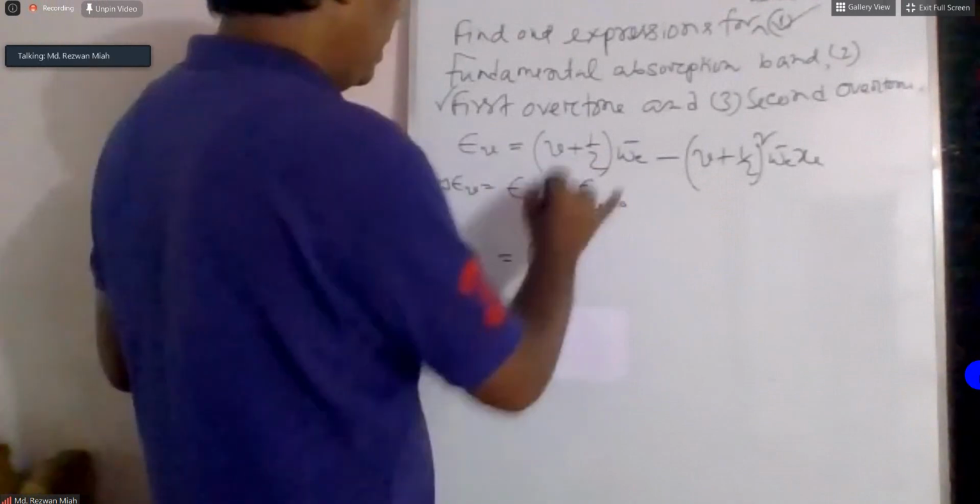So we write nu equal to 2 plus half whole square omega e x e, plus half whole square omega e bar x.